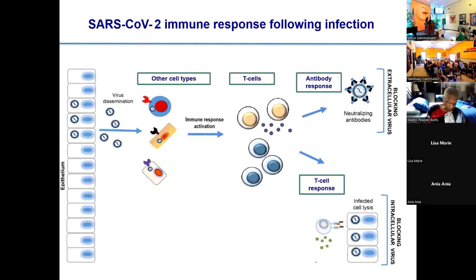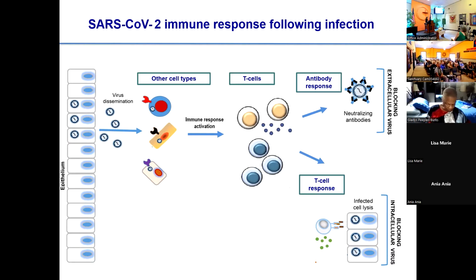In the next slide, you see how the immune response is created against this virus. When the virus infects the human body, because it's a respiratory infection, it usually infects the epithelium located in the mucosa, in the nose, the lungs or the eyes, and it disseminates to other cell types.